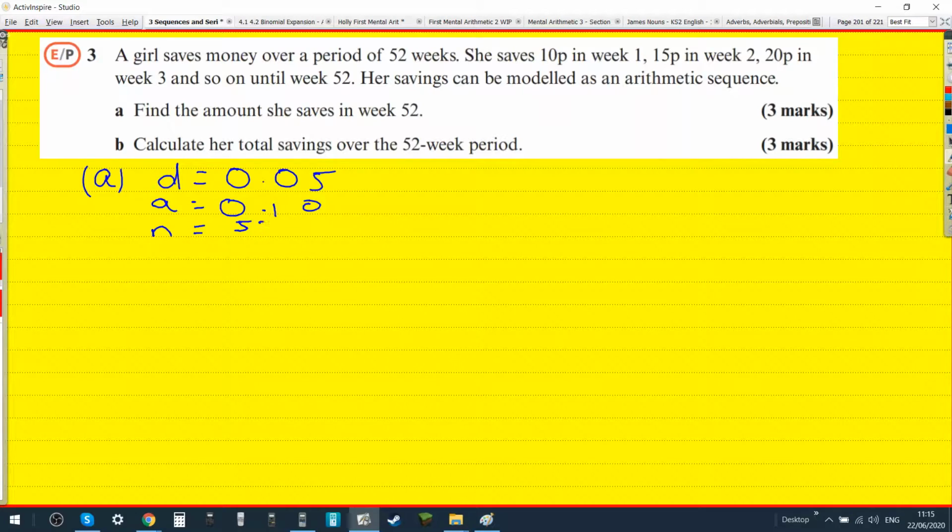Like where it stops. I think it is 52. So find the amount she saves in week 52. How do you do that? Sub into the formula. So that's like the N over 2 times 2A plus N minus 1 D. Okay, try that.